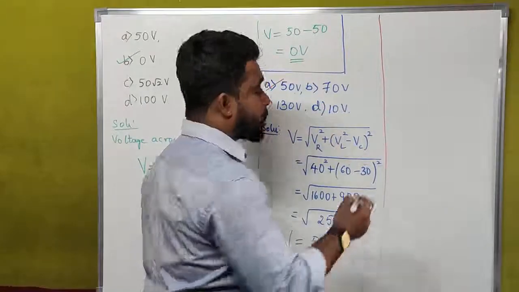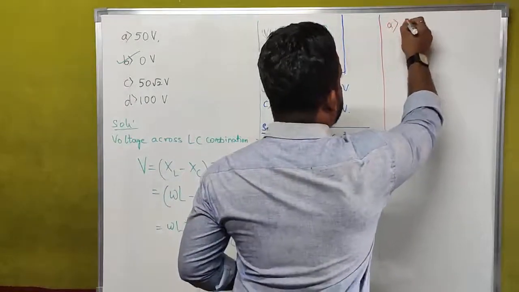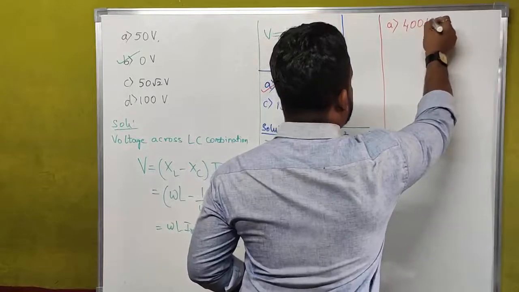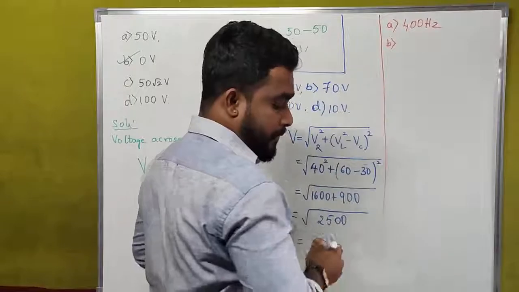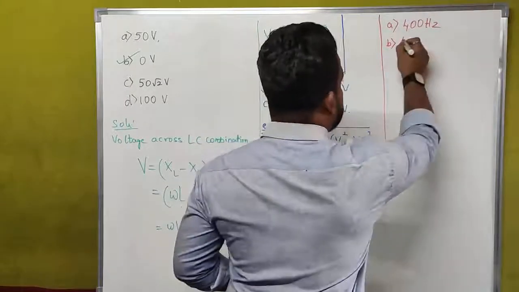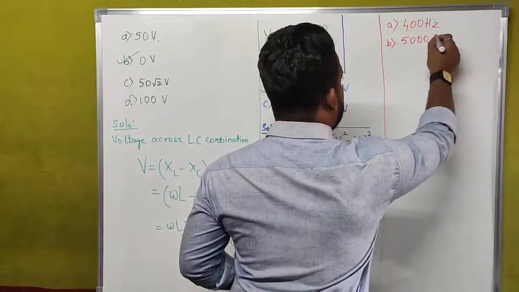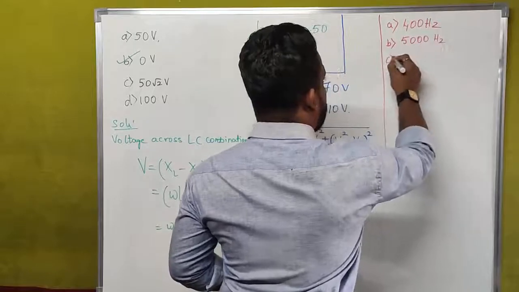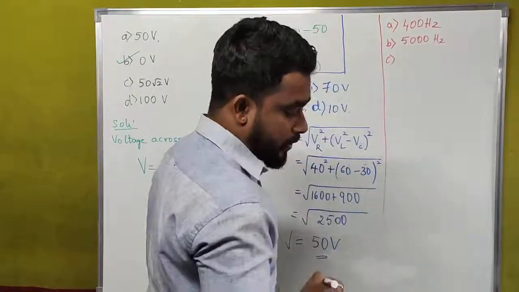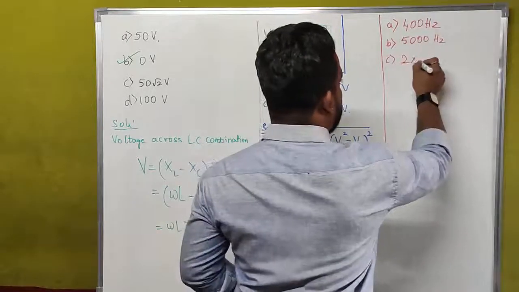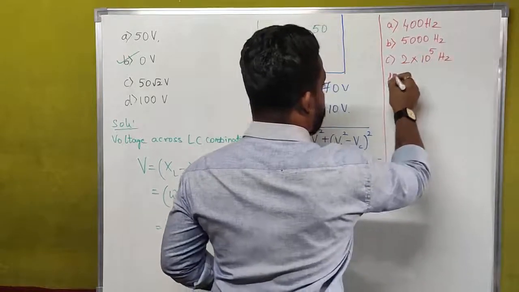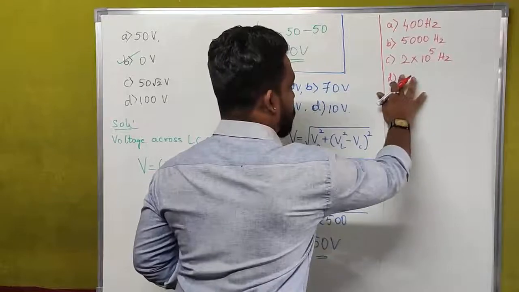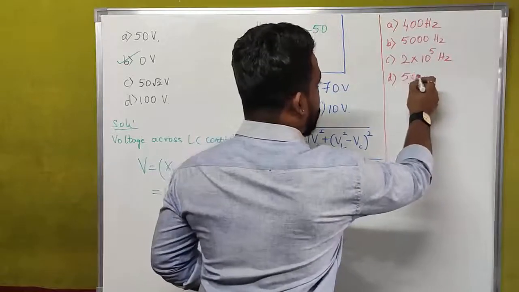Option A is 400 Hertz, option B is 5000 Hertz, option C is 2 into 10 to the power of 5 Hertz, and option D is 500 Hertz.